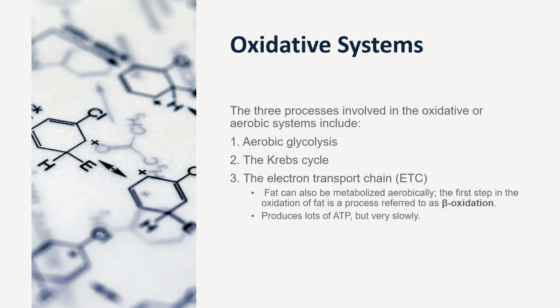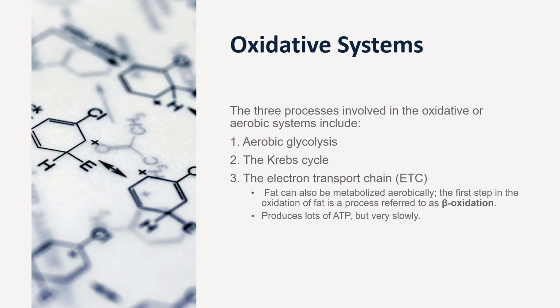The main purpose of the citric acid cycle is to oxidize acetyl-CoA, which is derived from various fuel sources such as glucose, fatty acids, and amino acids. During this cycle, acetyl-CoA is completely oxidized to produce carbon dioxide, generating energy-rich molecules such as NADH and FADH2.